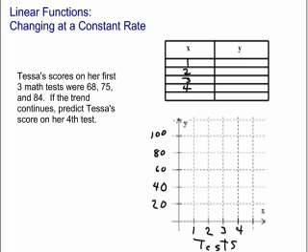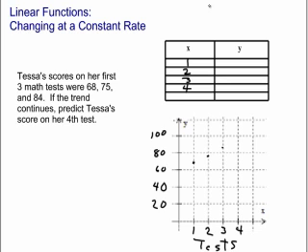And on her first test, she made 68. Now 70 would be halfway in between, so 68 would be somewhere down here. Then she made 75. It's about halfway between 70 and 80. And then she made 84 on test number 3.